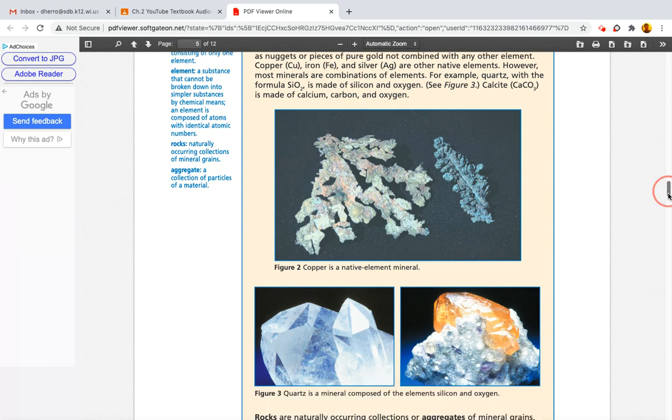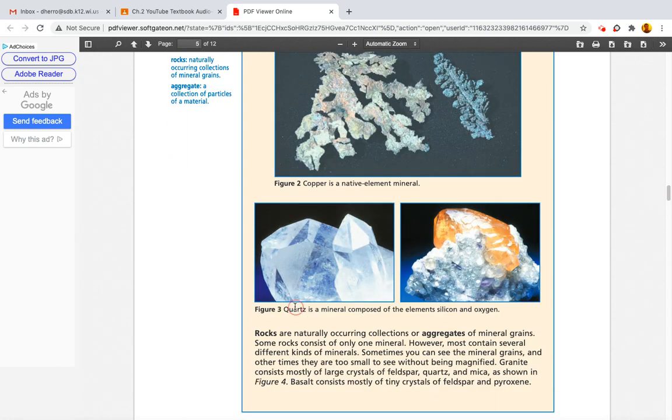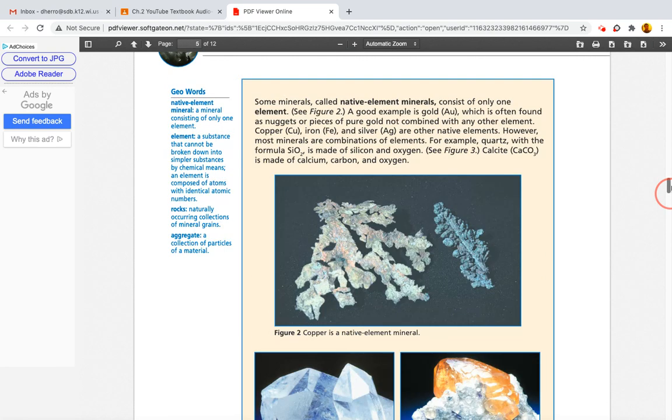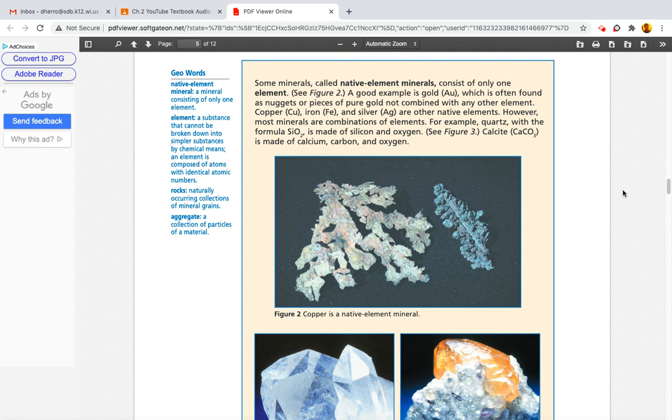So there's quartz composed of silicon and oxygen, and then calcite, which is this, is made of calcium, carbon, and oxygen. So there's your calcium, carbon, oxygen.